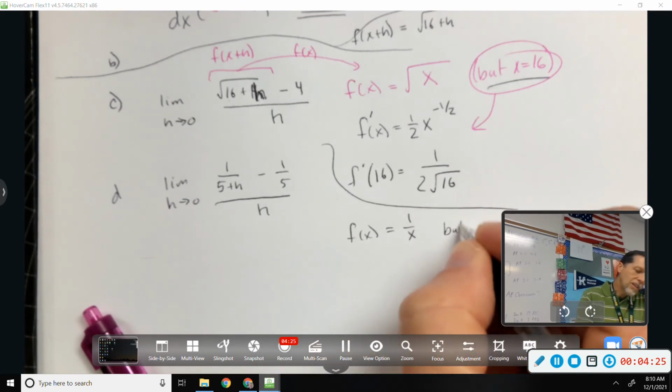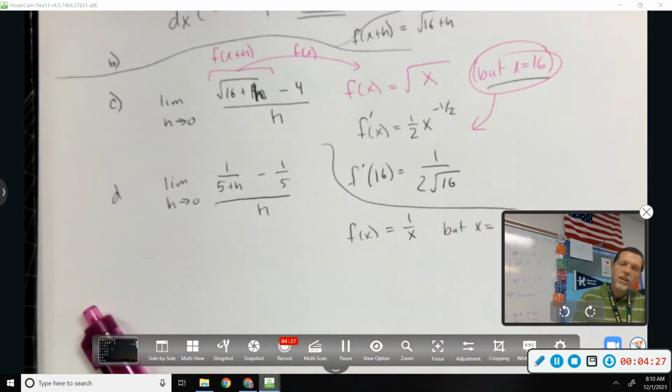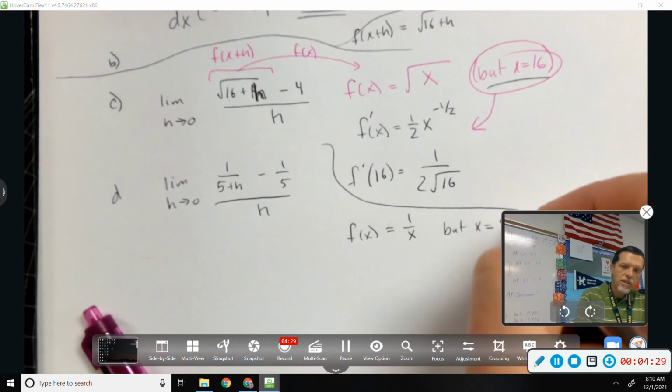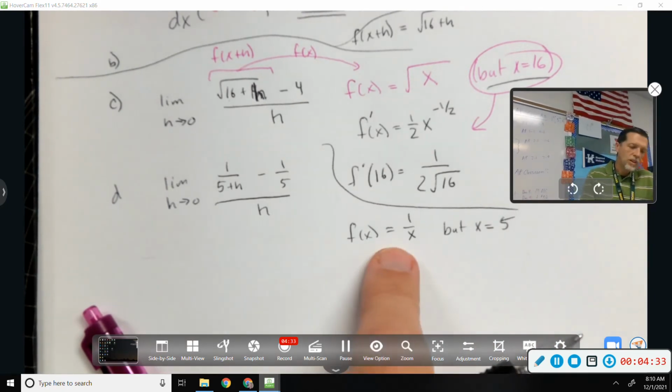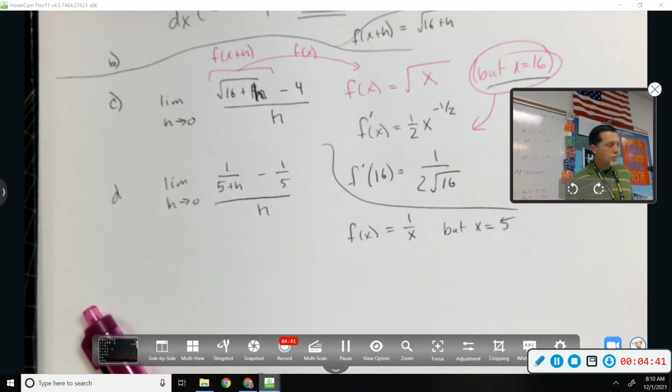And x is equal to 5. So take a derivative of 1 over x and then plug in 5. So C and D are tricky, but A and B, they definitely have problems like A and B on the AP test where they want you to recognize, wait a minute, that's taking a derivative. C and D are a little harder. It's taking a derivative at a specific point.